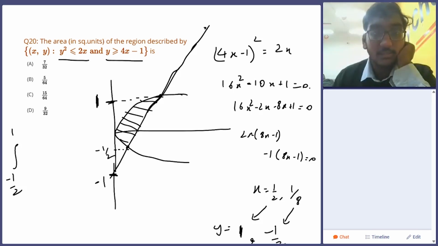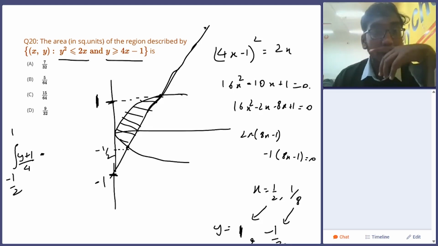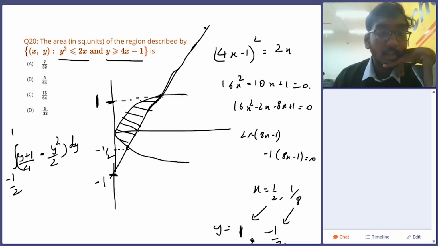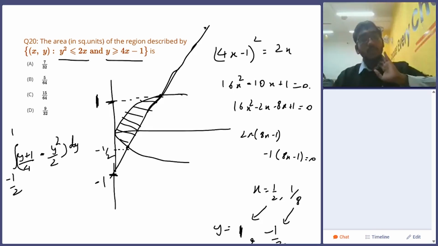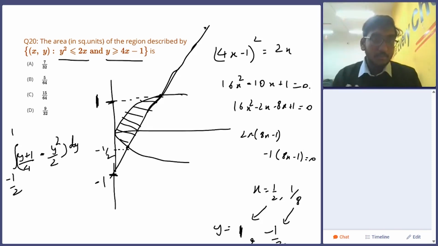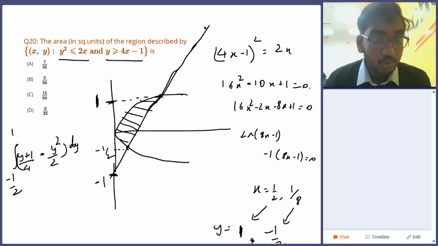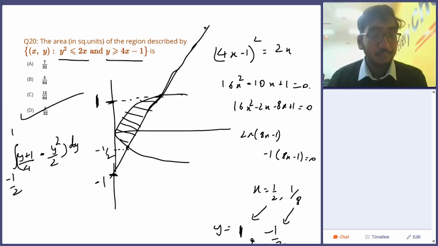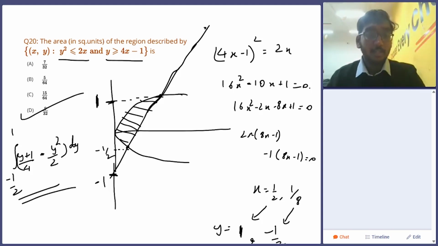It will be y plus 1 upon 4, okay, minus what will be the area bounded by the parabola? It will be y squared by 2, okay, and you are integrating along the y-axis, right? So you have to use the variable dy. Okay. So if you simplify, you will get the final solution to be 9 upon 32. Okay. 9 upon 32 will be the answer.